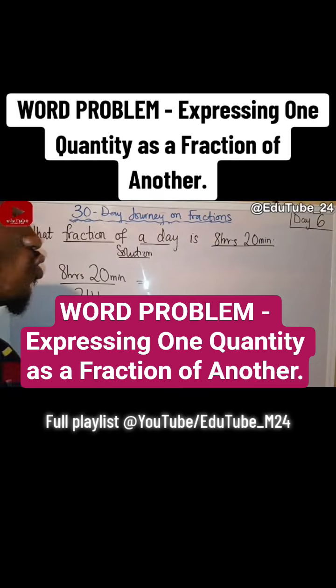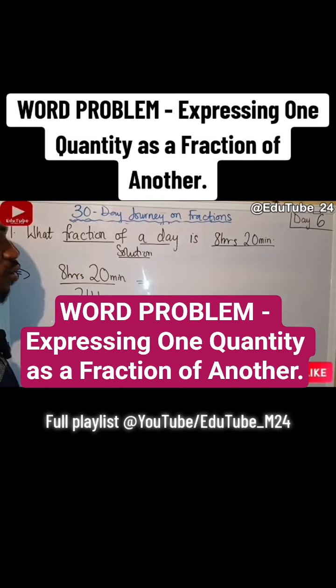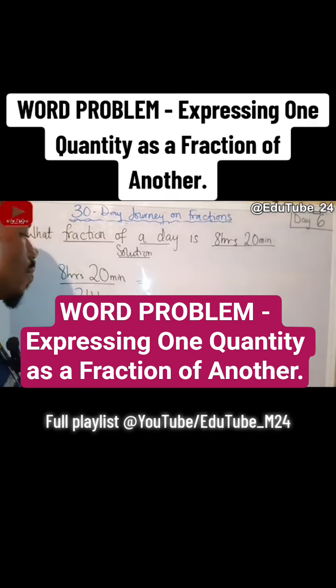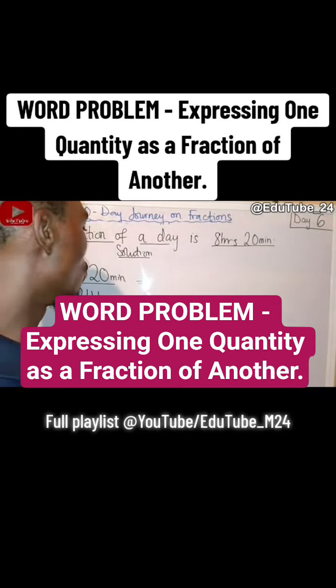Now, another thing we need to consider in these questions is the unit of measurements that we have, the time measurements. In the denominator we have hours, in the numerator we have hours and minutes. We are going to convert the hours into minutes. Now we know that 1 hour is equivalent to 60 minutes.